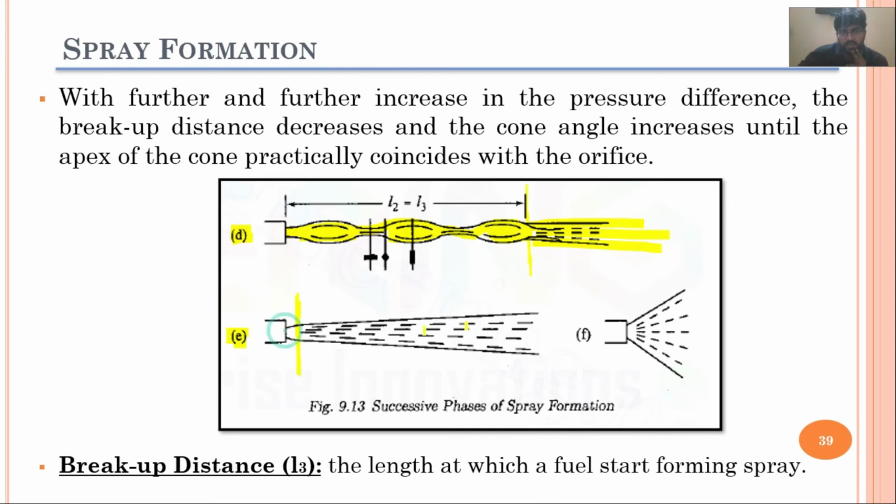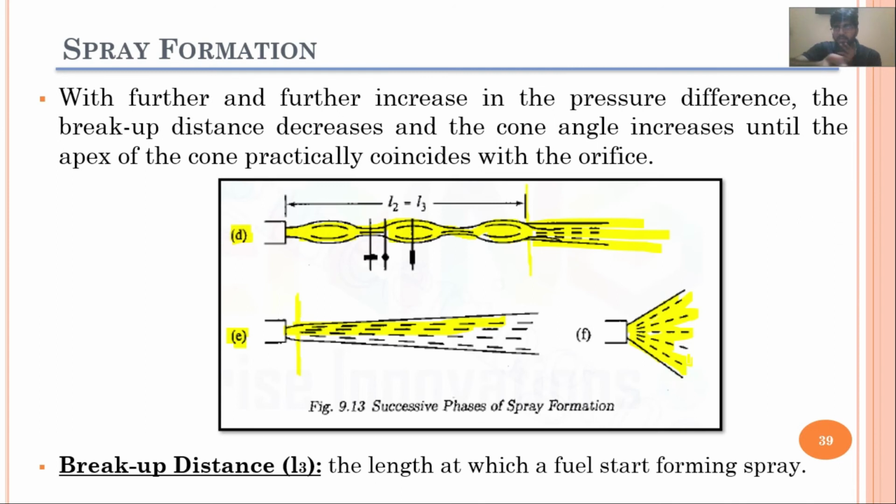That is, we can simply say that the spray would start coming towards the nozzle, and if we further increase the pressure, the spray reaches the orifice of this nozzle. Further increasing the pressure difference will allow the spray to disperse across the combustion chamber. This is usually what happens when you place a thumb in front of a pipe.